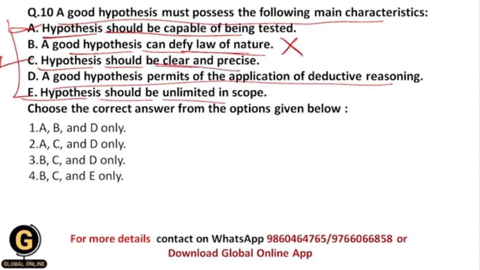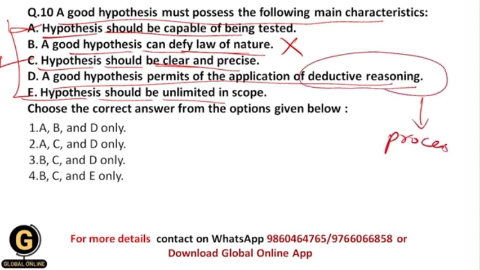And hypothesis should be clear and precise. Yes, this is again a main characteristic of a good hypothesis, because hypothesis should be clear and it should have clarity so that we can easily test it. Then hypothesis permits of the application of deductive reasoning. Deductive reasoning is the process, or you can say approach, of a research.